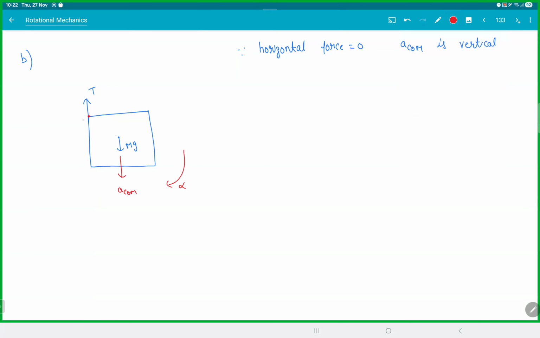You can't take torque about this point since A is accelerating. So we get a no slipping condition here. Actually, we get a string constraint. So this point is going down with a center of mass, and this point is also going here with L by root 2 alpha. This angle is 45 degrees. Can this point have a vertical acceleration?